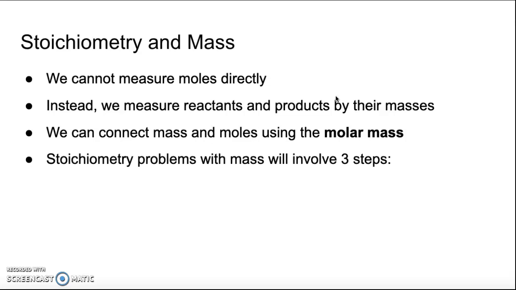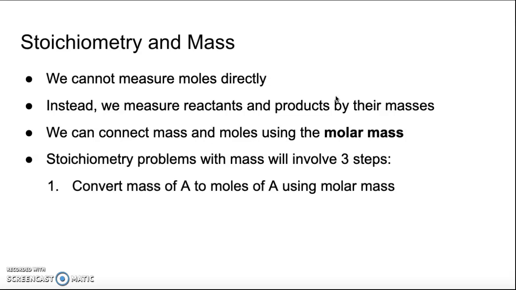So when we do stoichiometry problems involving mass, those are going to involve 3 steps. And it's, like I said, putting together the pieces that you did on Wednesday and Thursday. Step 1 is to convert the mass of substance A, whatever it is that you're starting with, to moles of A using the molar mass.